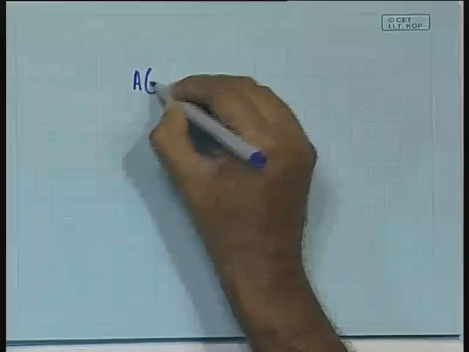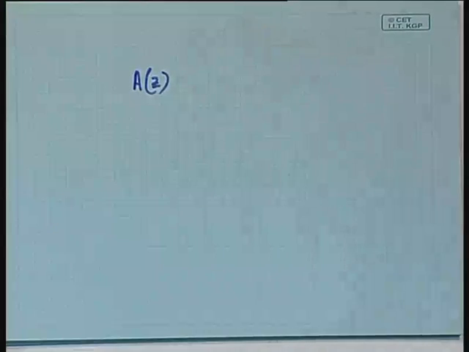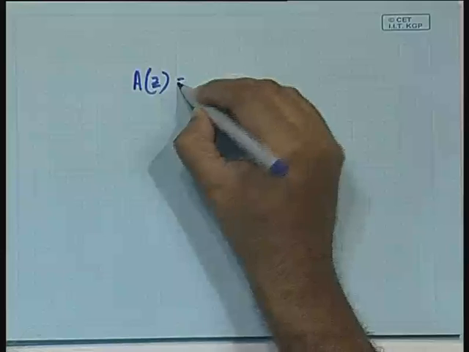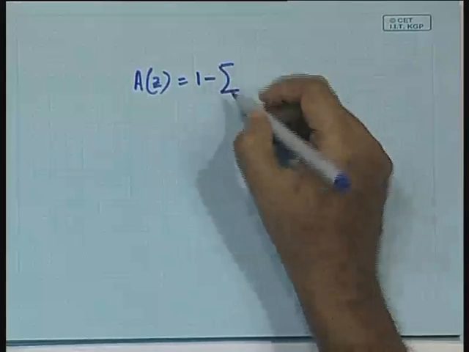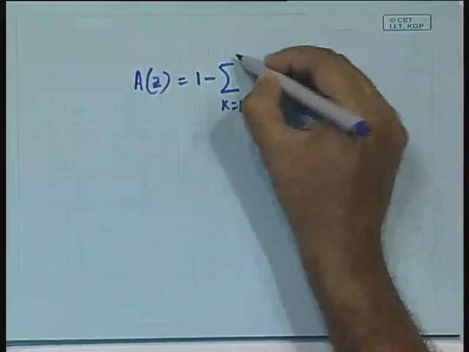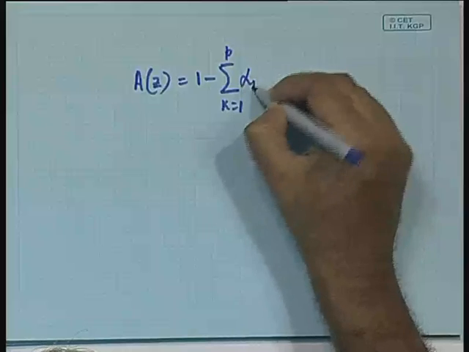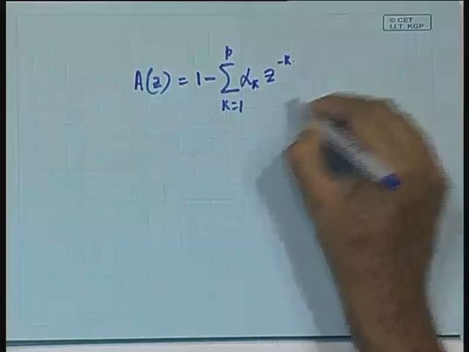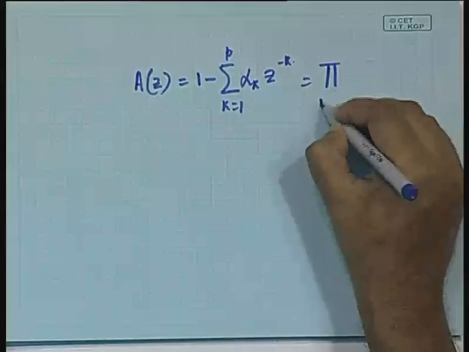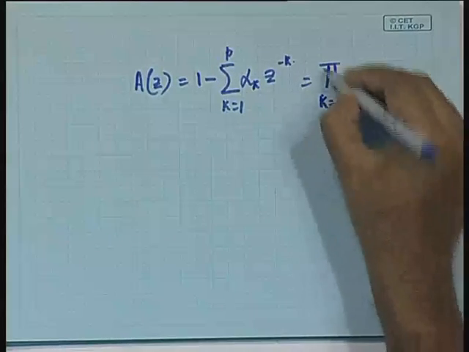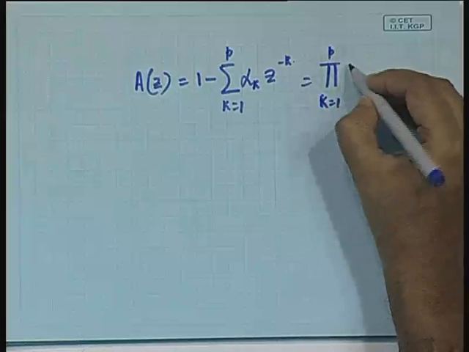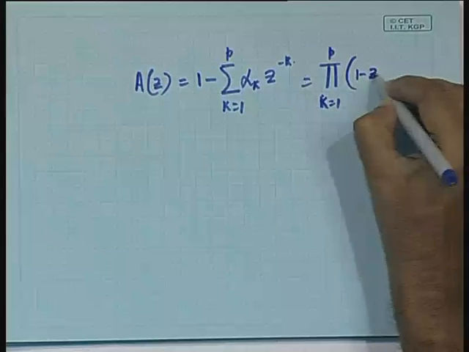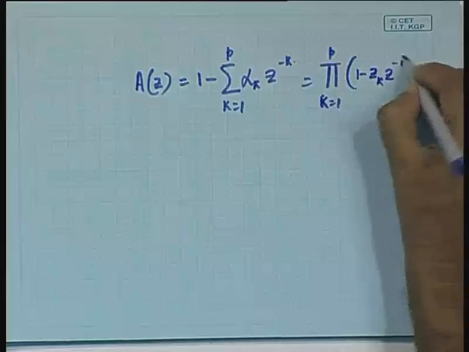If we look at the predictor polynomial expression, we can express it in this form: A(z) is equal to 1 minus summation k equal to 1 to p alpha k z to the power minus k, and that can be expressed as the product for k equal to 1 to p of 1 minus zk z to the power minus 1.